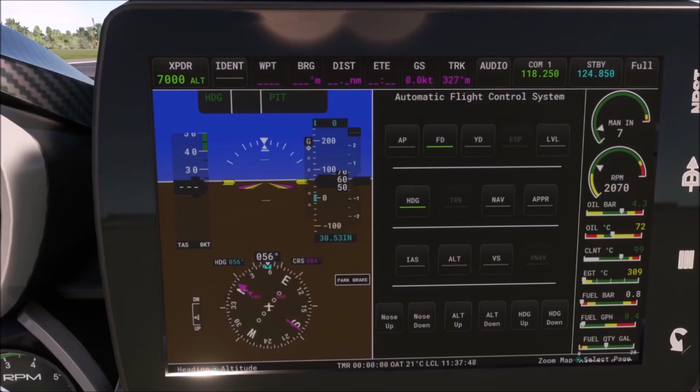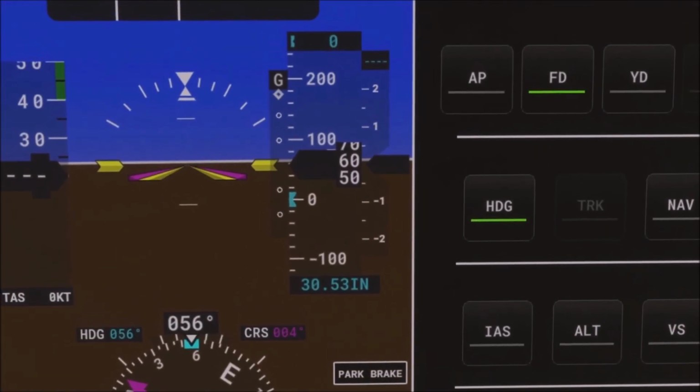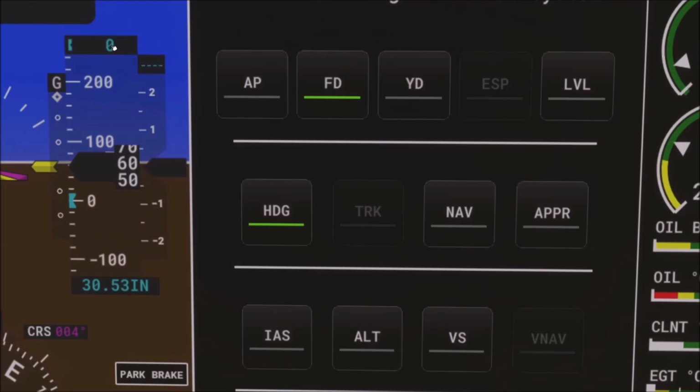We will also set an altitude of, let's say, 3,500 feet. I will use the commands once again. I have showed this thing so many times. Here is the altitude, so let's say an altitude of 3,500 feet.